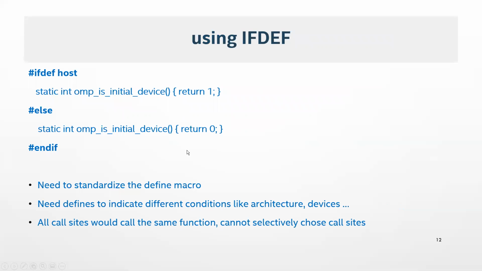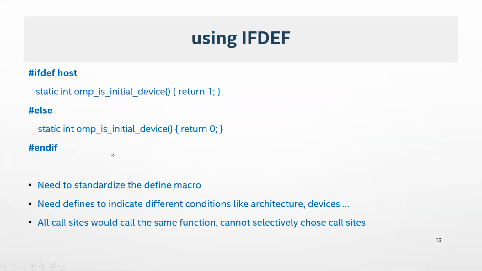They have different behaviors. Now, the problem with this is that you need to standardize what the defined macro is. So all the compilers need to know that host means this host function or CPU, and the else part will be other devices.